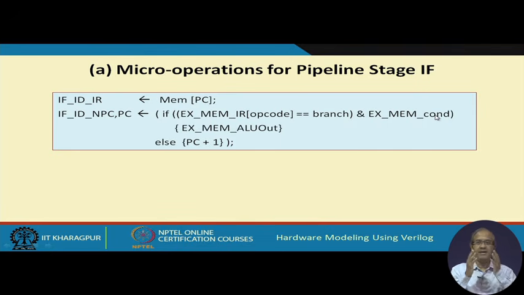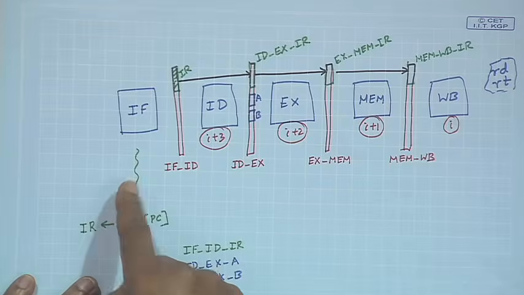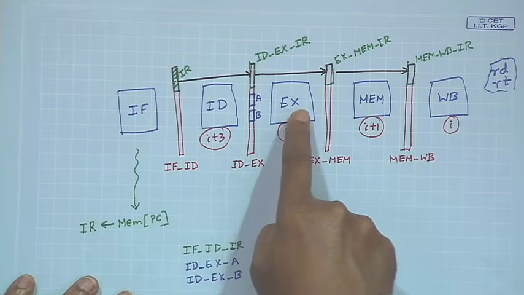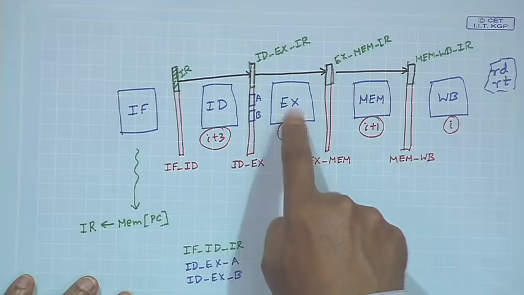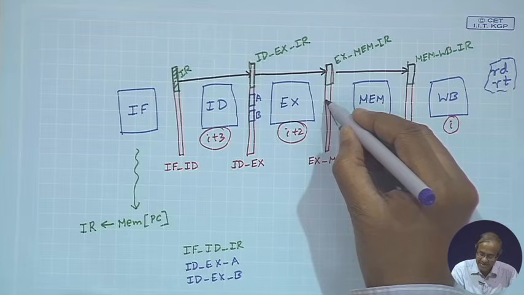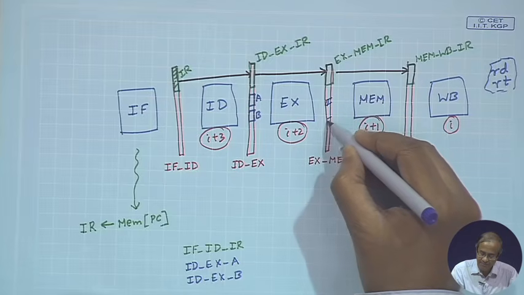You see, a branch instruction is fetched, decoded, but the branch condition will be known only when it has reached the EX stage. Just see this diagram once more. A branch instruction, once it reaches the EX stage, only then you know that it is a branch, and the values of the cond and the next instruction address will be stored in this buffer.